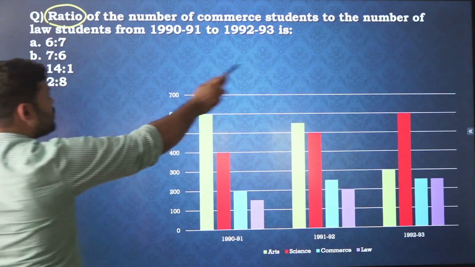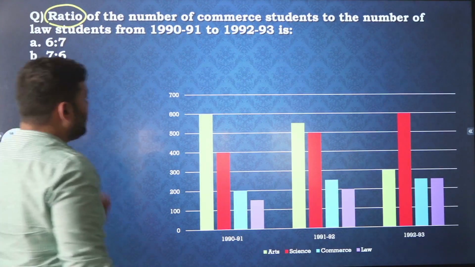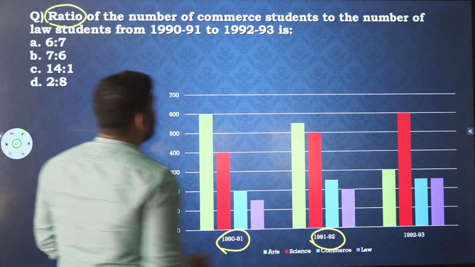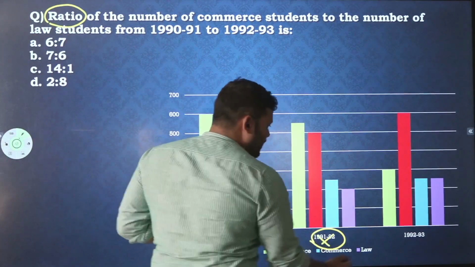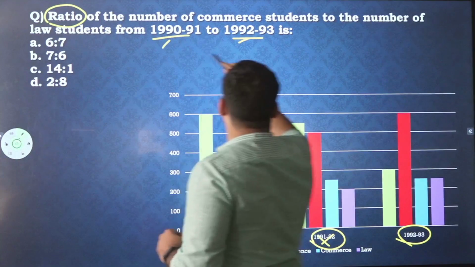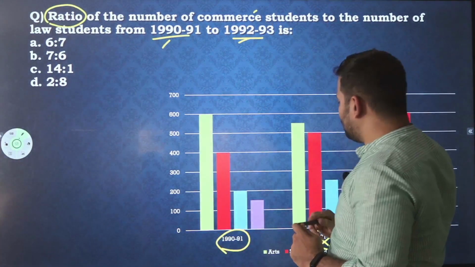Number of commerce students to the number of law students from 1990-91 to 1992-93. So this is 1990-91, 1991-92. They're asking 92-93, so it's not this, it is this 92-93. So this part is done. Now, they're asking the ratio of commerce students to the number of law students.